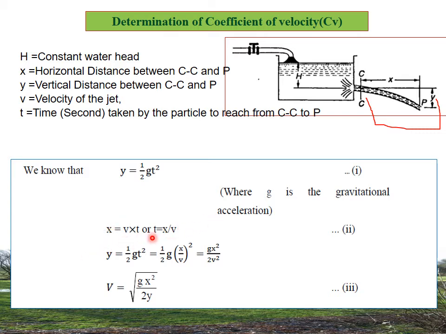Substituting the value of t from equation 2 into equation 1, y equals 1 by 2 g into (x by v) whole square, which is g x square by 2 v square, so v equals square root of g x square by 2y. This is the actual velocity. This equation is a parabola, so it is obvious that the path of the jet is also a parabola.